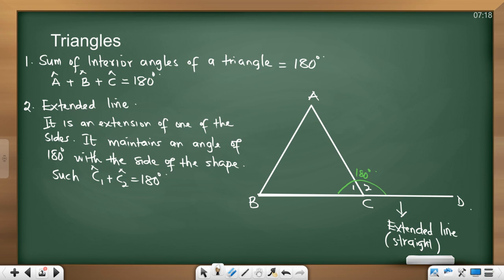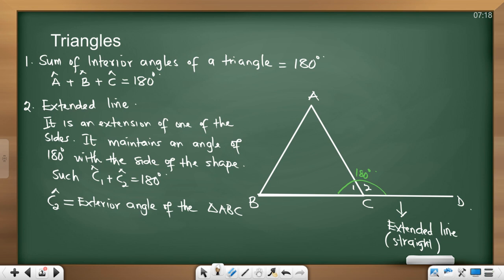Once we have that extension and we understand what an extended line is, we can then talk about the exterior angle. Angle C2 becomes the exterior angle of the triangle ABC. Where are we going quickly with this?